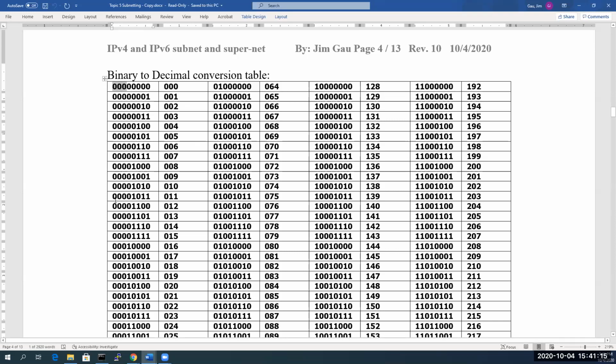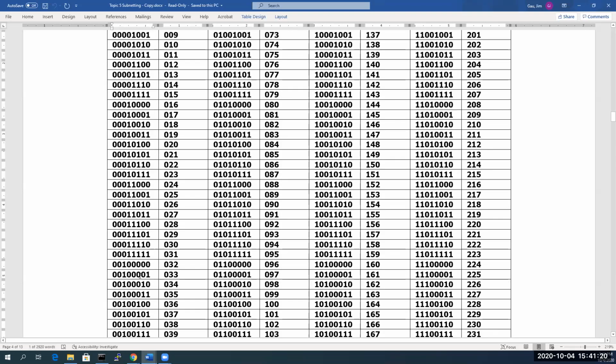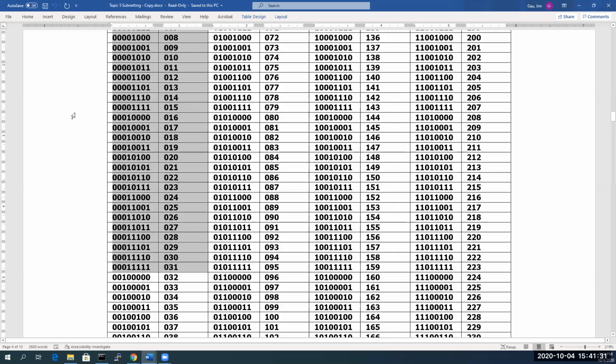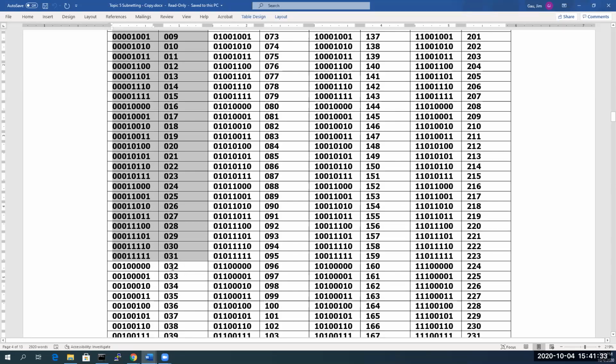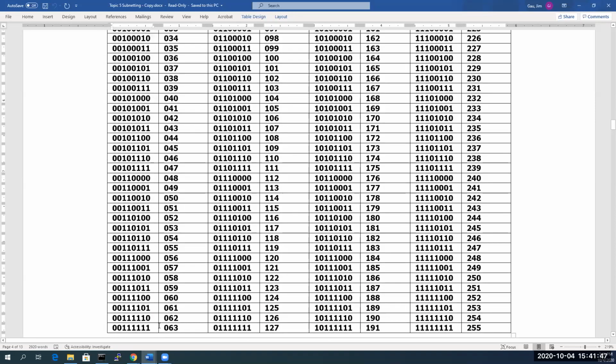Look at 000 all the way to 31. So from 0 to 31 in decimal, your first 3 bits here are always 0. So that's the first available network. And the second available network is 001, and it's from the decimal of 32 to 63.